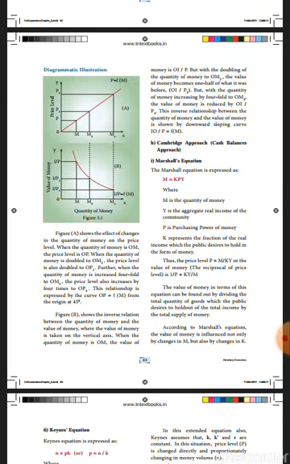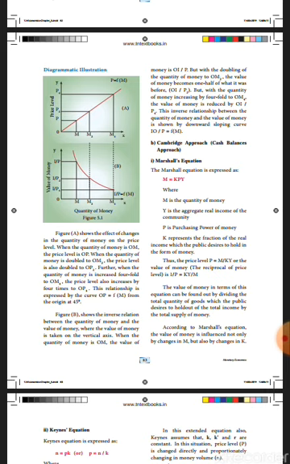The vertical axis, that is the y-axis, refers to value of money in diagram B. If quantity of money is OM on the x-axis, the value of money is OI/P on the y-axis.